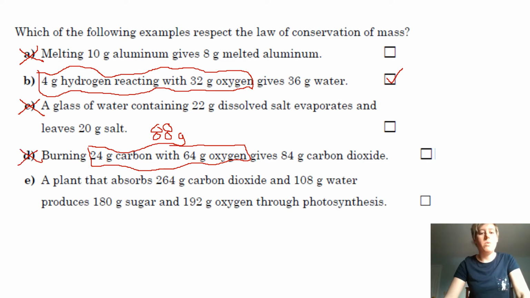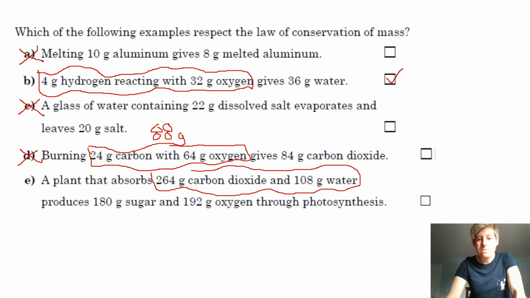Now let's look at our last question. A plant that absorbs 264 grams of carbon dioxide and 108 grams of water, so these are our reactants, produces 180 grams of sugar and 192 grams of oxygen. The first thing we need to do is add our two reactants. 264 plus 108 gives a total of 372 grams.